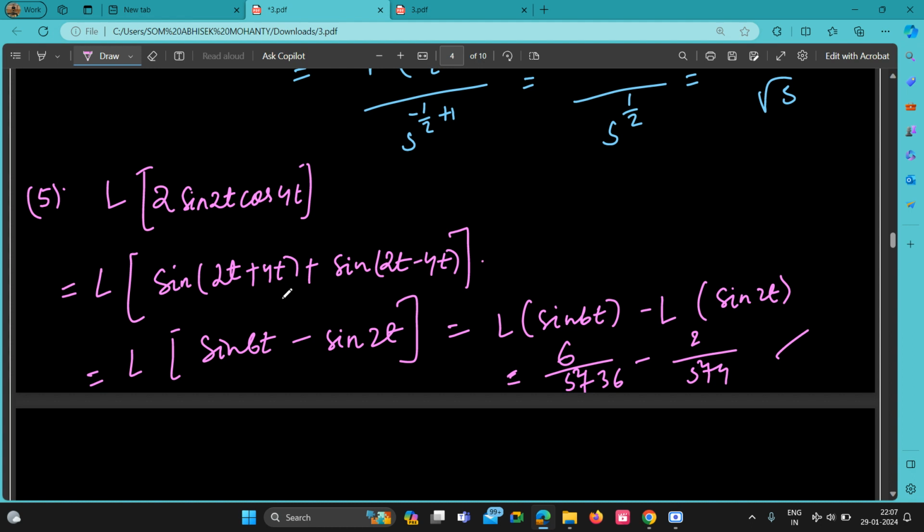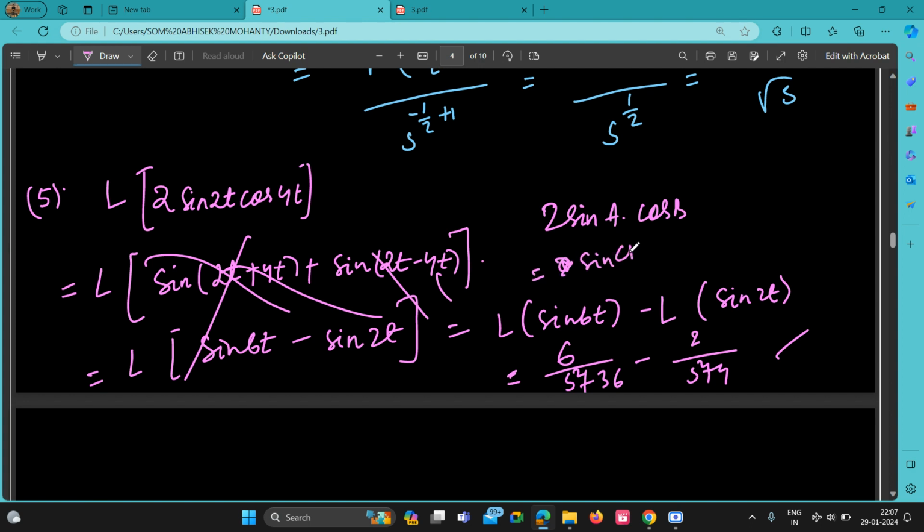Okay, I've made a mistake. This is 2 sin a cos b. The formula should be sin of (c plus d) by 2 plus sin of (c minus d) by 2.